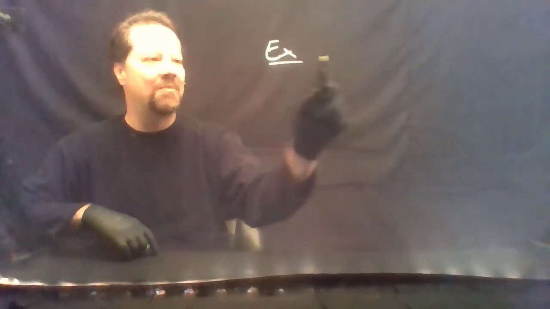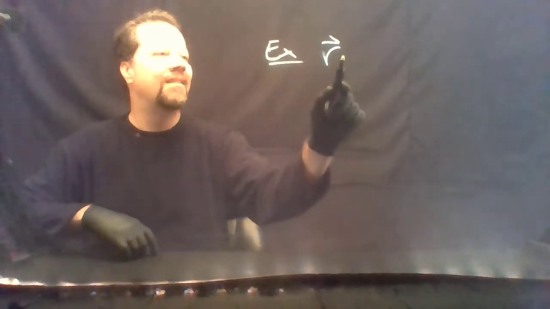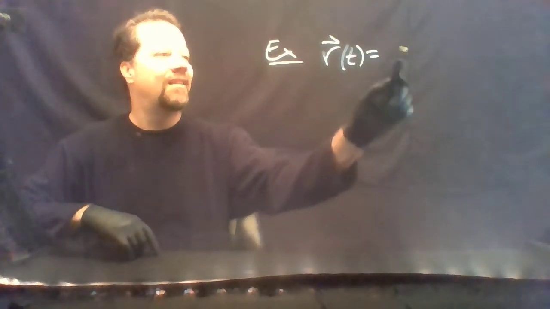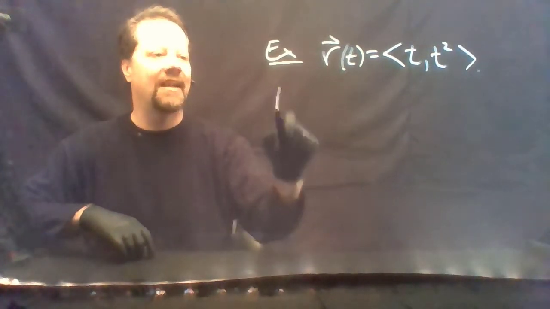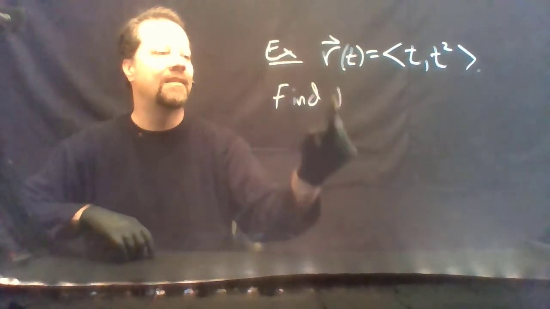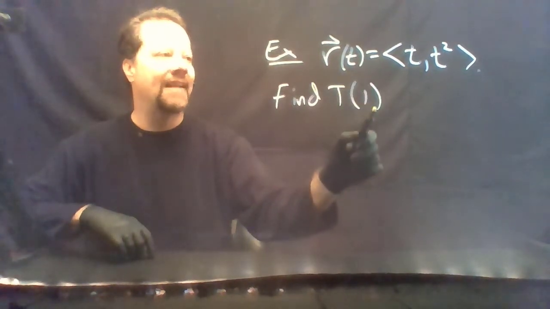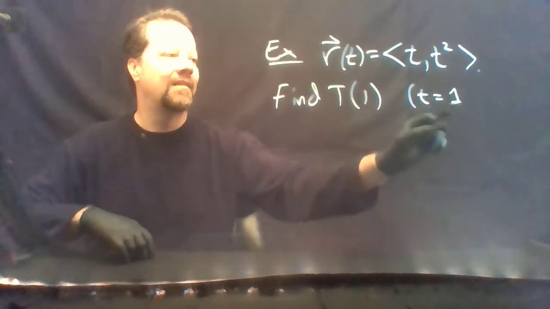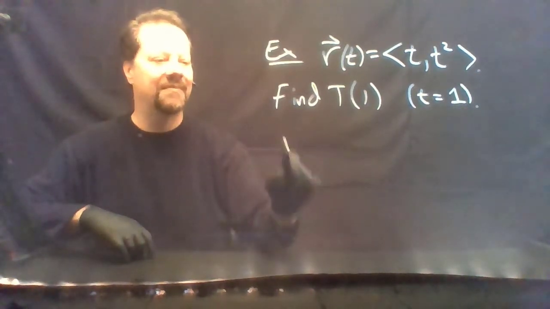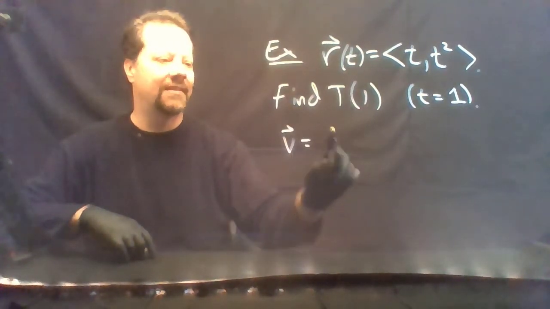For another quick example, let's suppose r of t is equal to t, t squared, and I want to find the unit tangent vector at t equals 1. Here's what we'll do. We'll find the velocity vector.